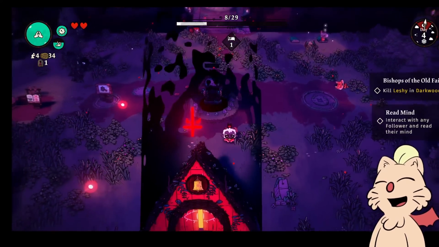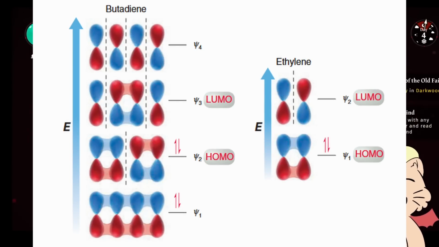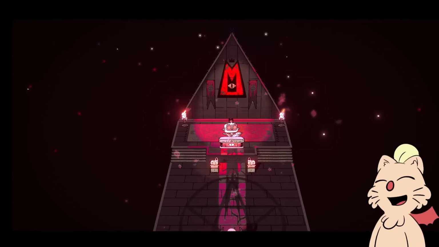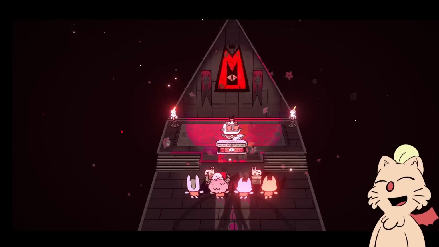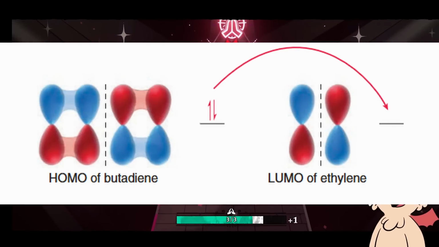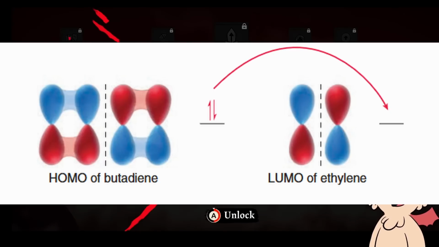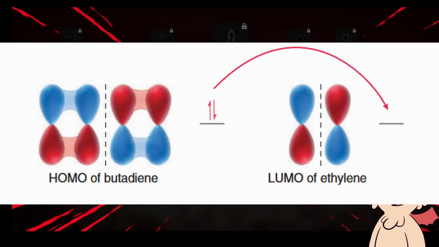Basically, what's going on here is that the HOMO of butadiene, which is Psi 2, interacts with the LUMO of ethylene, which is Psi 2 as well. The LUMO of ethylene is lower energy than the HOMO of butadiene. So what ends up happening is that these 2 orbitals will interact with each other, and the electrons from butadiene's HOMO will go to ethylene's LUMO.